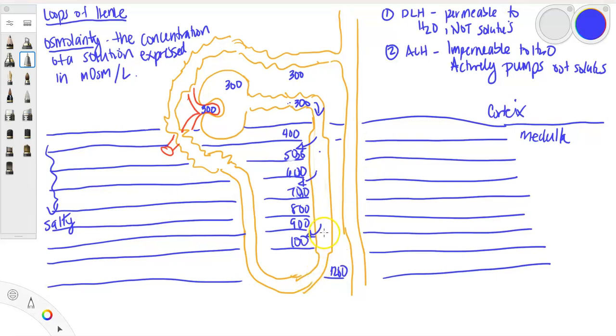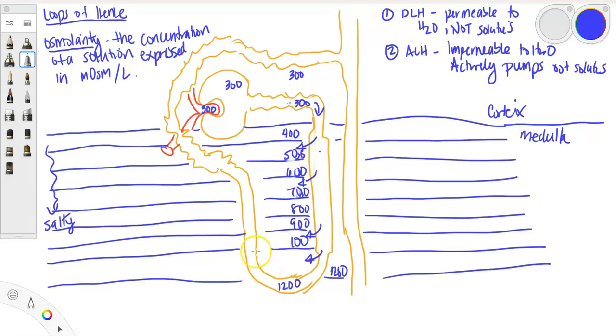And by the time the water comes out, by the time it gets to the bottom where it makes the hairpin turn, it is going to be isoosmotic with that area, which is 1,200. Okay? So that's what's going on here in the descending loop. Water is leaving and it's creating a more concentrated filtrate.